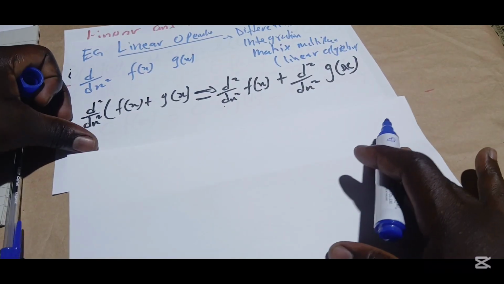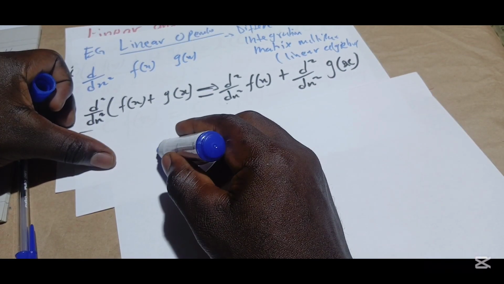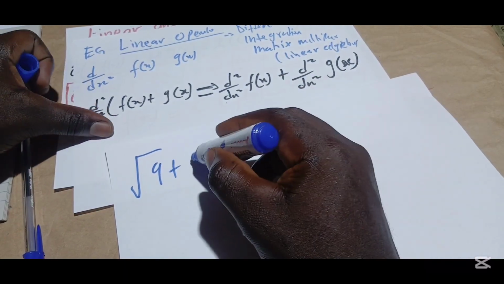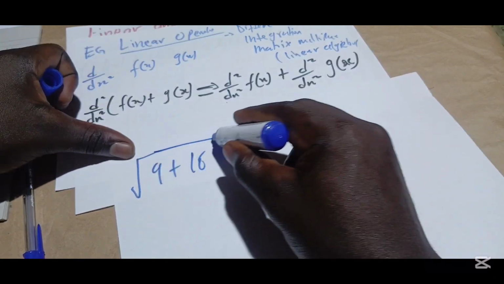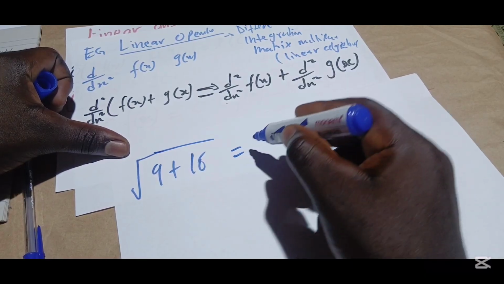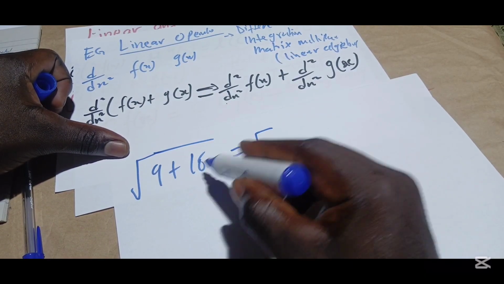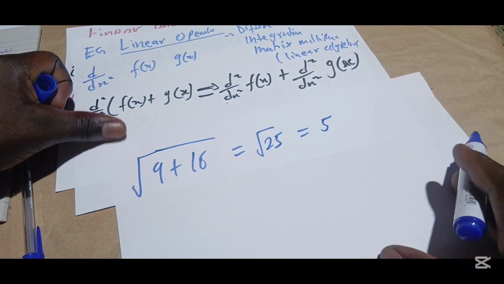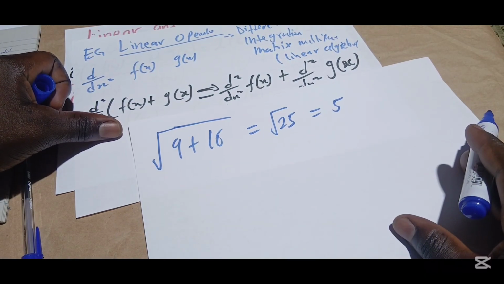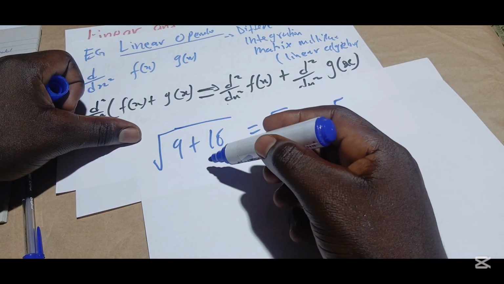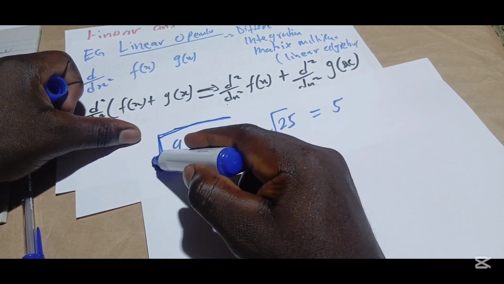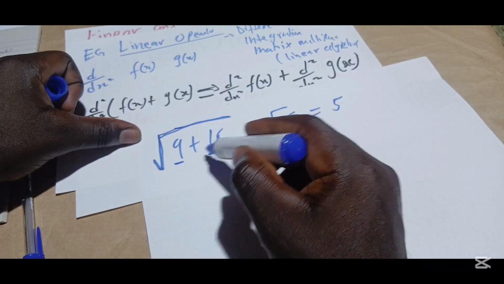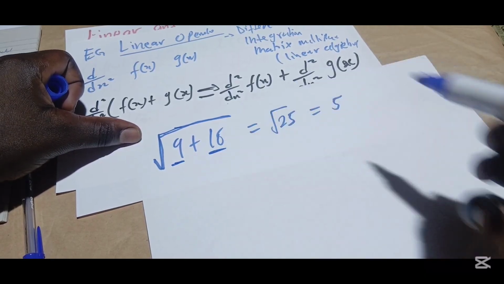Let's look at this example. What of the square root of 9 plus 16? Is it not the same as the square root of 25? Because 9 plus 16 gives us 25. So this is going to give us 5, right? In this case, the square root sign is our operator, and let's assume 9 and 16 are our functions.